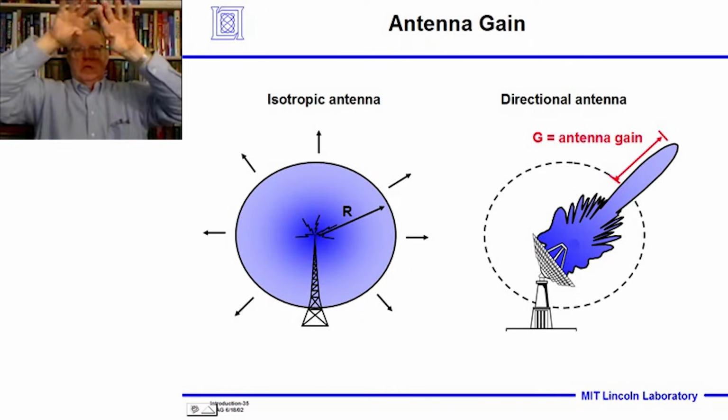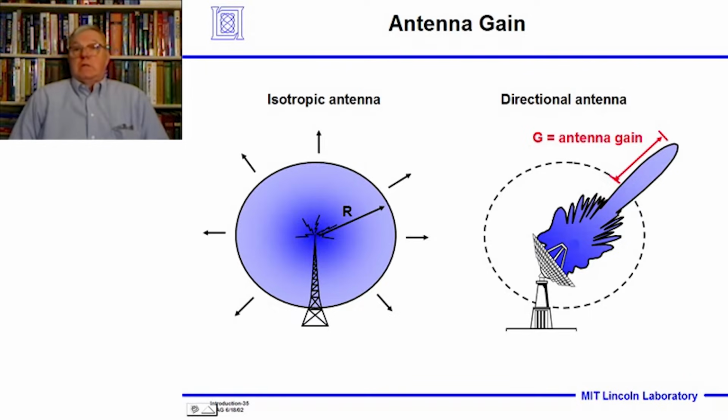Okay? It's going in all directions equally likely. All angles are equally likely. A sphere expanding. We call that an isotropically radiating antenna. Okay? Now the antennas that we build, we want to focus the energy in one direction.